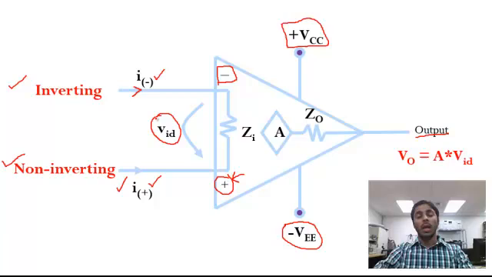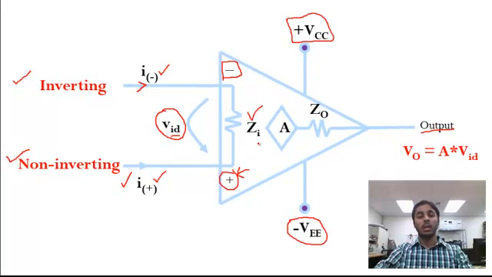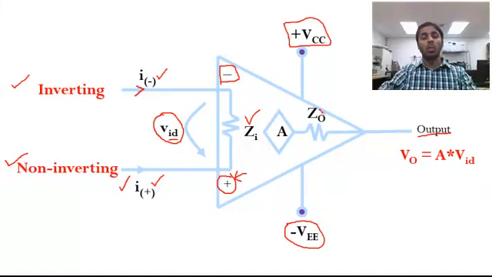So that's what is meant by VID. It's called the input differential voltage. That's what the ID stands for, input differential. And ZI is the input impedance, ZO is the output impedance, and A is the gain of the whole amplifier.